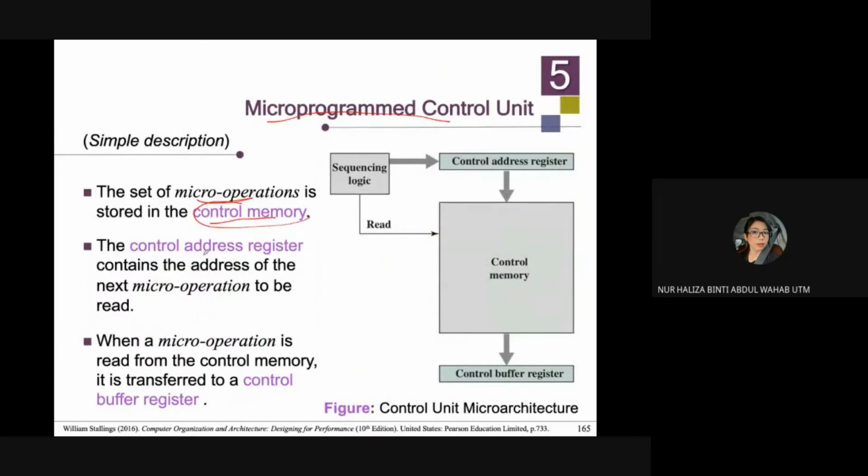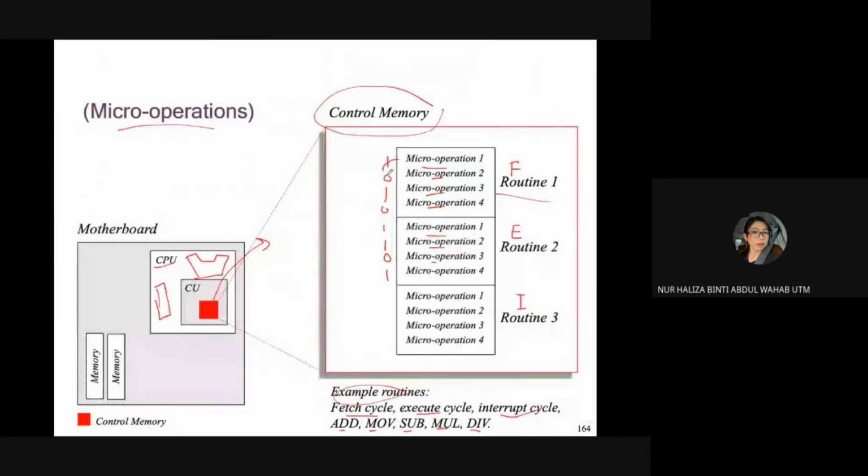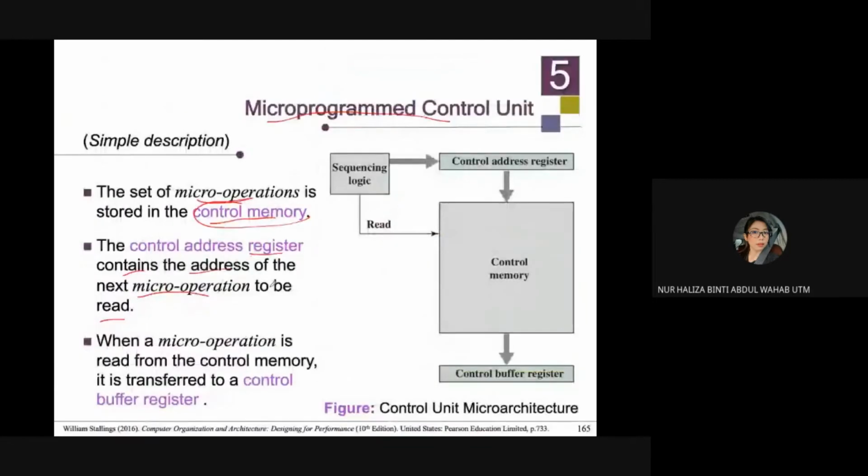The control address register contains the address of the next micro operation to be read. So you have the next address to be read. When a micro operation is read from your control memory, it is transferred to your control buffer register.